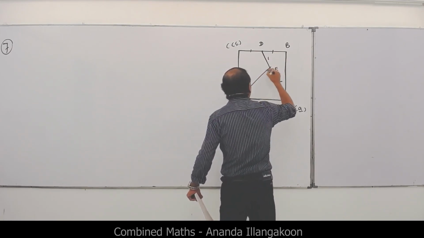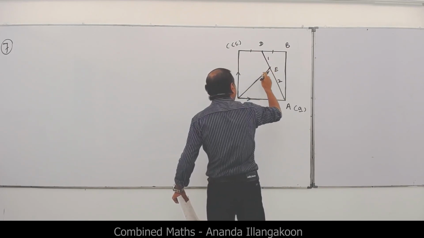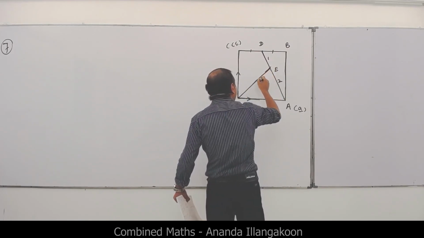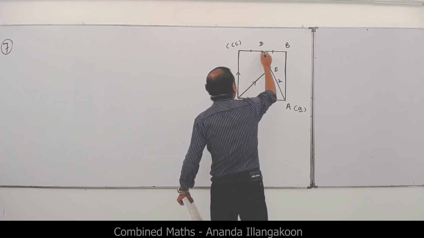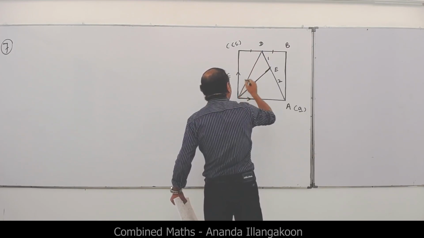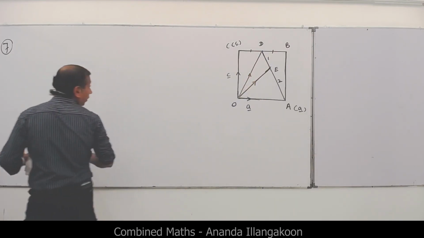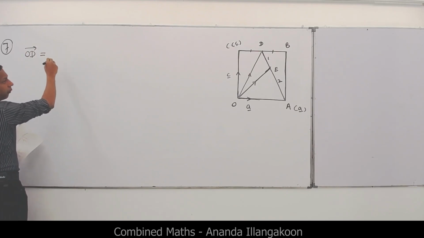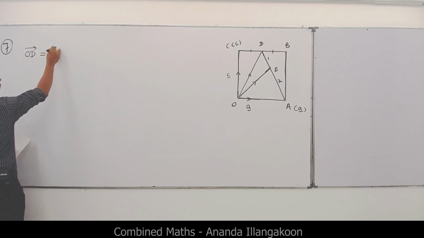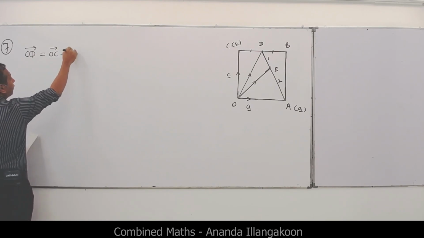OE is the position vector of E. OD. We can write OD vector as OC vector plus CD vector, this way.